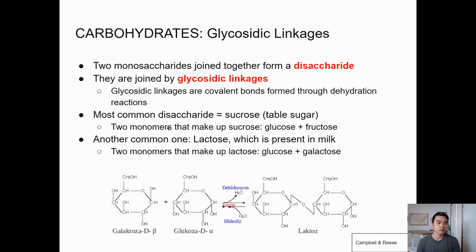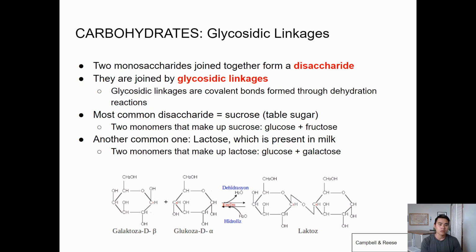Okay, so one common disaccharide is sucrose. Sucrose is table sugar. So just like how we have NaCl, sodium chloride, table salt, sucrose is the generic table sugar that we see. And there are two monomers that make up sucrose, glucose and fructose.